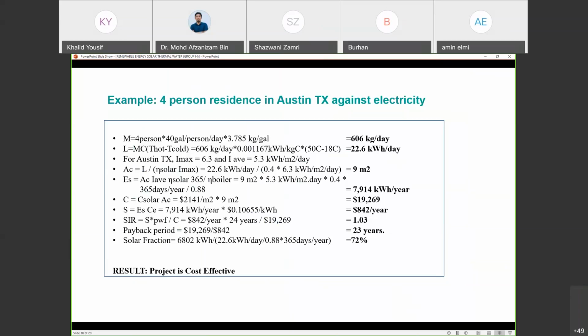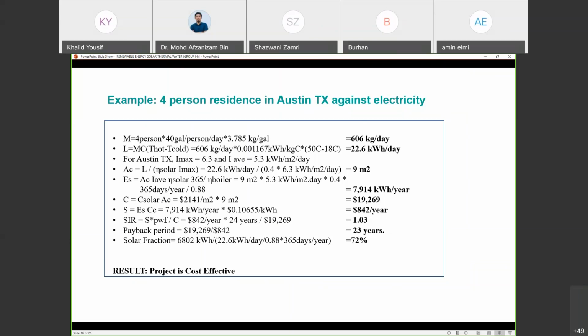For the daily hot water energy load, we take the answer before and multiply by 0.001167 and by the difference between hot and cold temperature, and we get 22.6 kilowatt-hour per day.